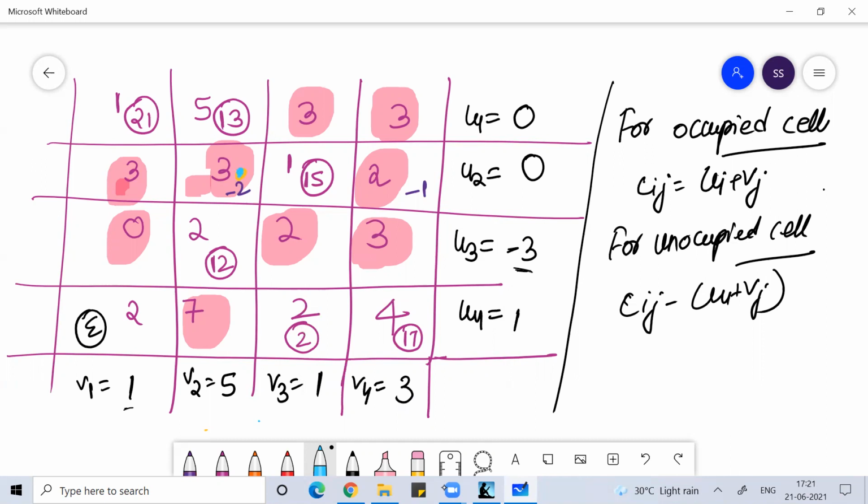It should move only on occupied cells; if you try to construct a loop, you can move only on occupied cells.